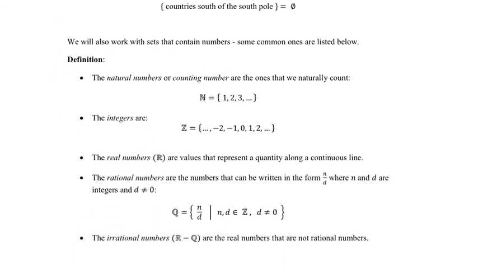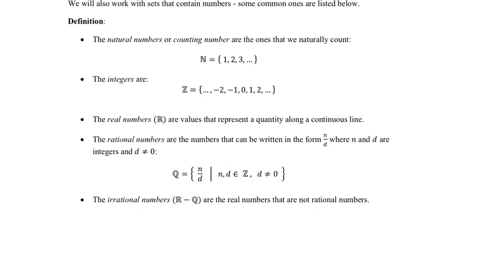Okay, and we're also going to work with sets that have numbers. We're not going to ignore the numbers altogether. It just all fits together with numbers and things that we might want to work with. So here we define some commonly used symbols for the real numbers and different categories of numbers within the real numbers.